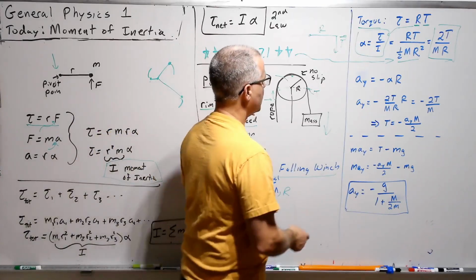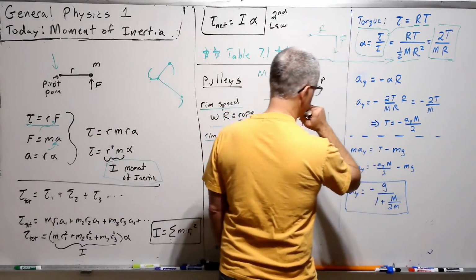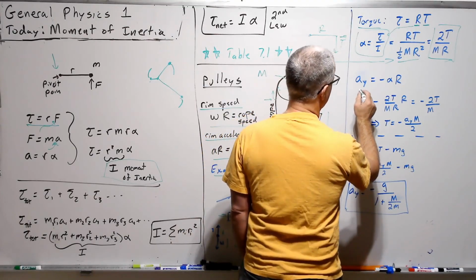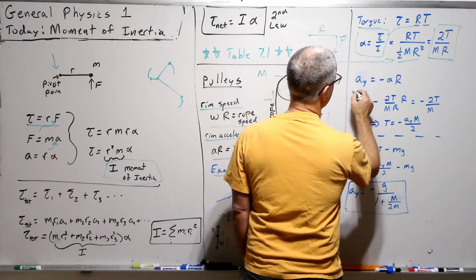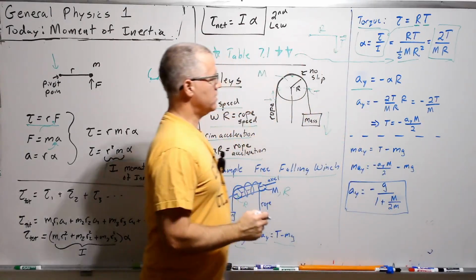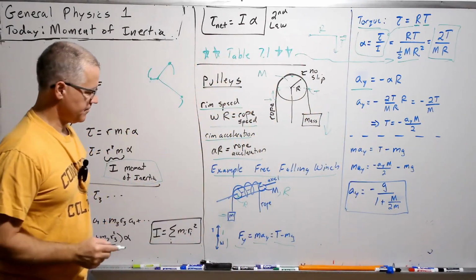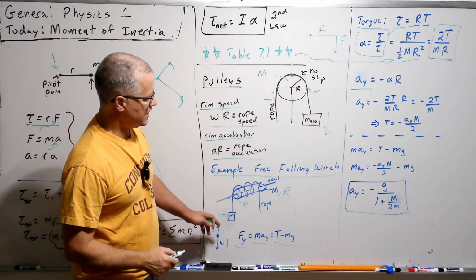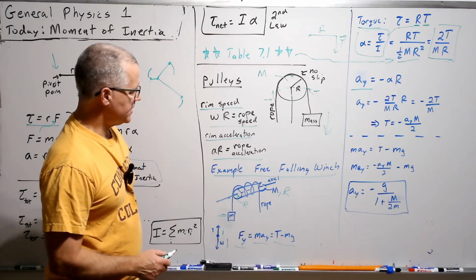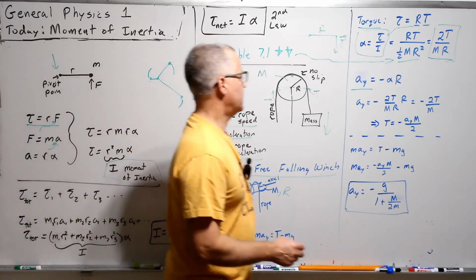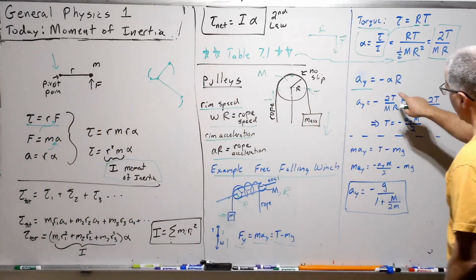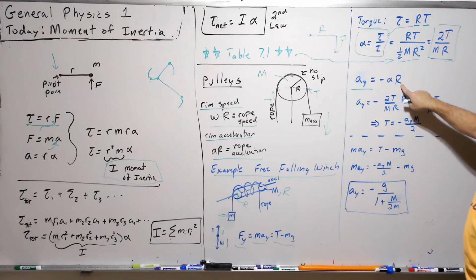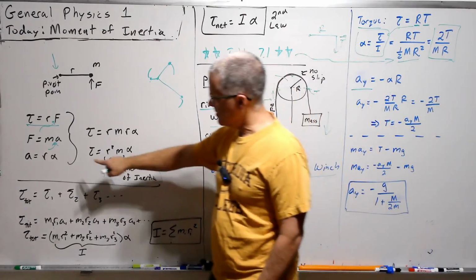Okay, so now let's look at the connection to the angular, or to the linear acceleration. The acceleration of the mass here, we can write that as alpha times r. So that's over here.